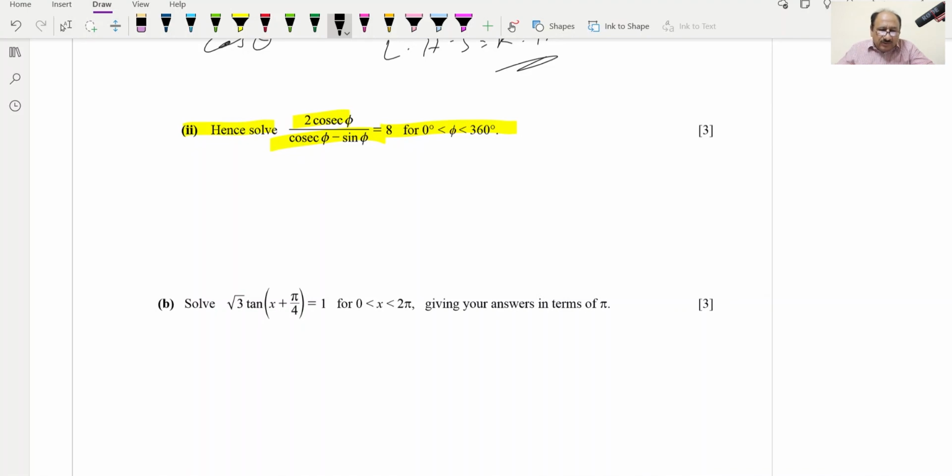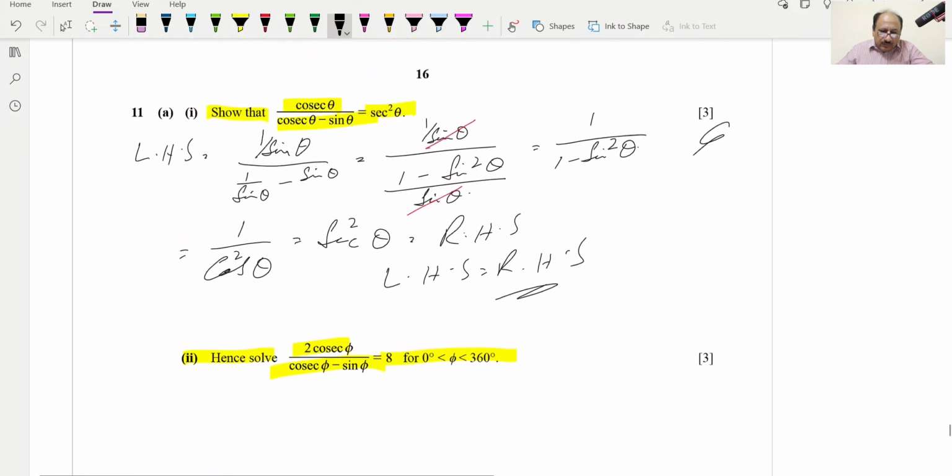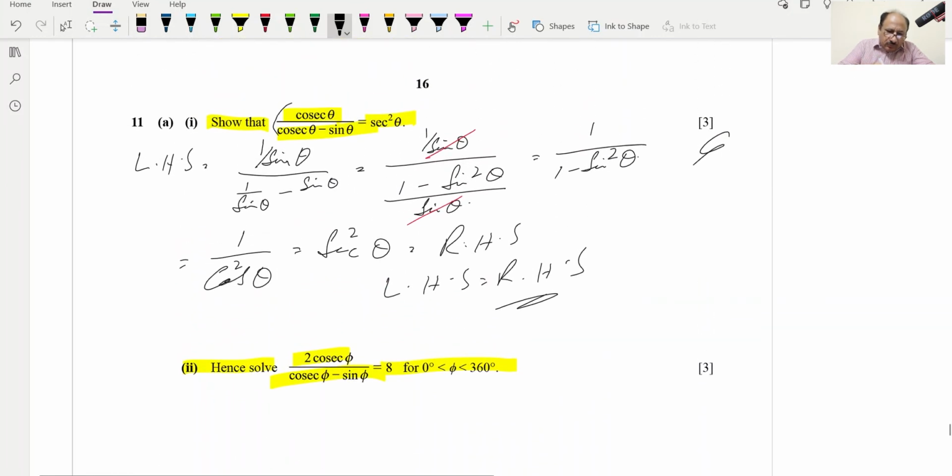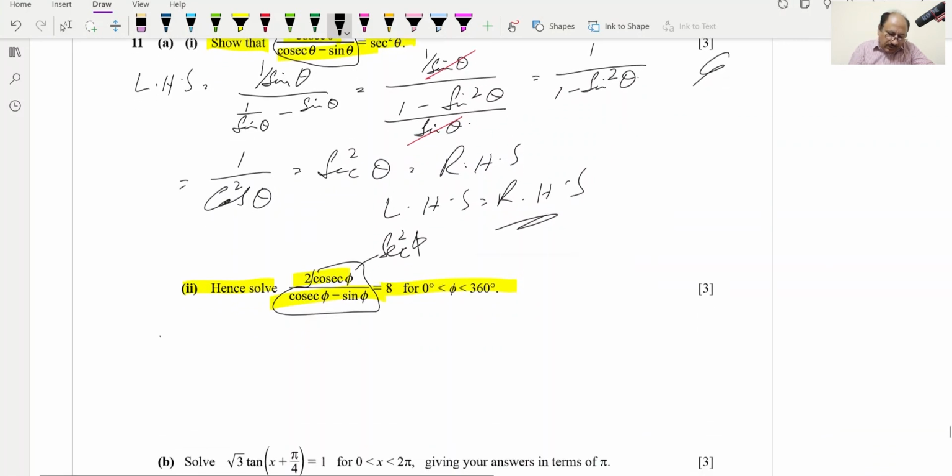So if we compare this portion with this portion, this portion can be written as secant square phi. So 2 will be additional, so we write 2 secant square phi.